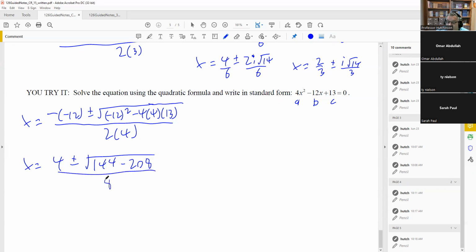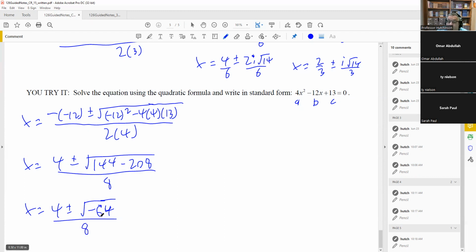All that divided by 8. Inside, again, we see another one where we're going to get an imaginary number as an answer because you end up with a negative number underneath. So exactly, you get negative 64 inside here, negative 64 all over 8.